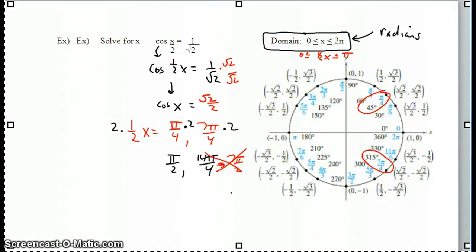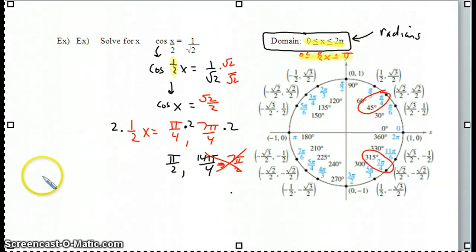So it's really important that you pay attention to what your domain is. If you're dealing with something other than just an x, normally we're taking the cosine of x, but here we're taking the cosine of half x, you have to change your domain to make it be half x as well. With that being said, I was able to eliminate one choice, leaving pi over 2 as my answer. I want to check that just to make sure that that's right.